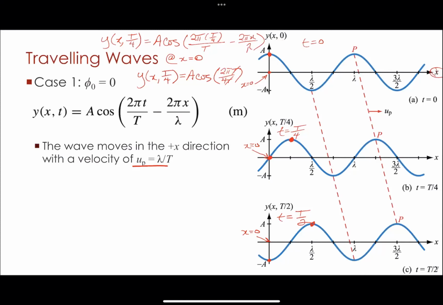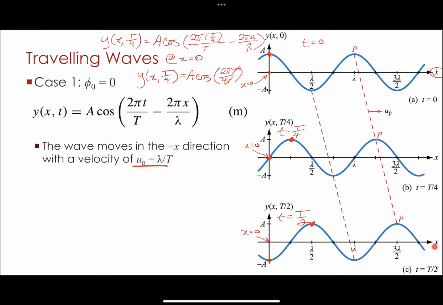Well, remember what speed is. It's always just meters per second, right? It's distance divided by time. So how far has that maximum point moved? Here, we're at x equals 0. Over a period from t equals 0 to T over 2, so over half of a period, we have moved from x equals 0, that's where our peak is, to our peak being at lambda over 2. So remember, we're plotting against x here.